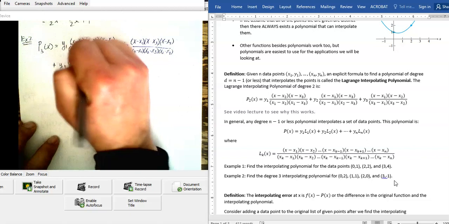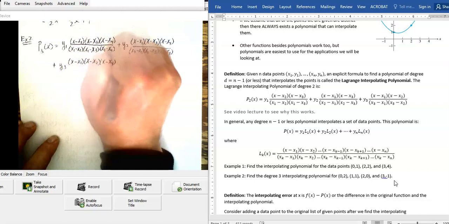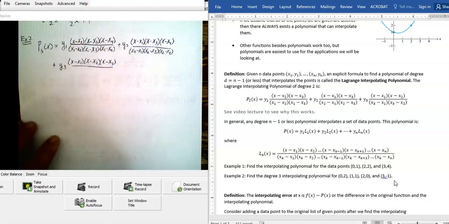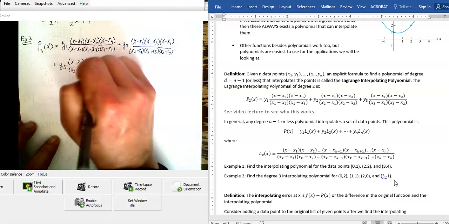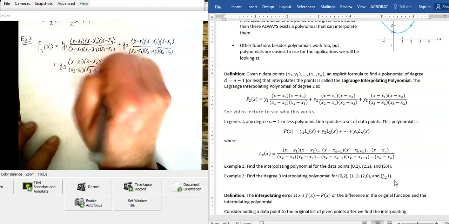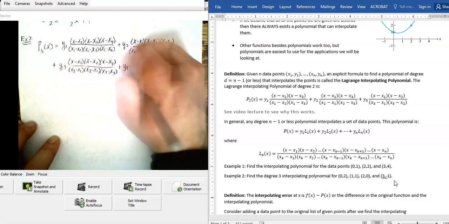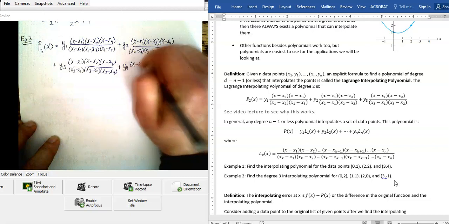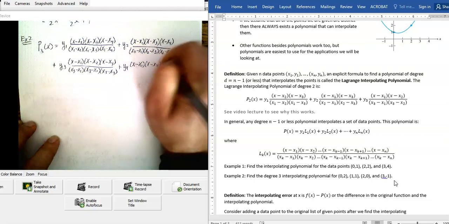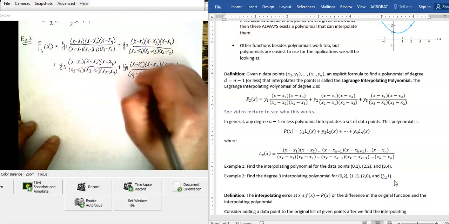So x minus x1, x minus x2, x minus x4, skipping that third term, and x3 minus x1, x3 minus x2, x3 minus x4. And lastly, our fourth value here, x minus x1, x minus x2, x minus x3, and same thing downstairs.